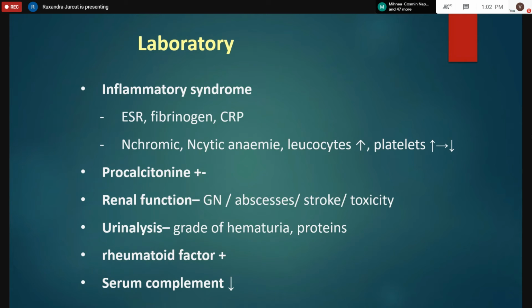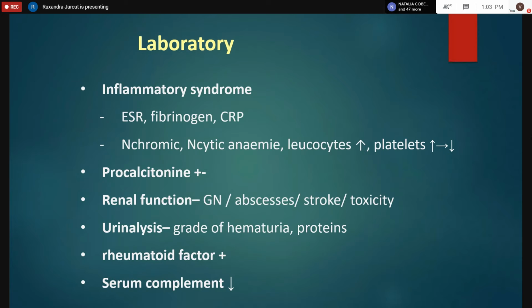Now, what about the paraclinical tests that we can use? Of course, you are used by now to the fact that the first type of test that we usually discuss are the lab tests. In the lab tests, we would first mention the inflammatory syndrome, because it's an inflammatory and infectious disease.